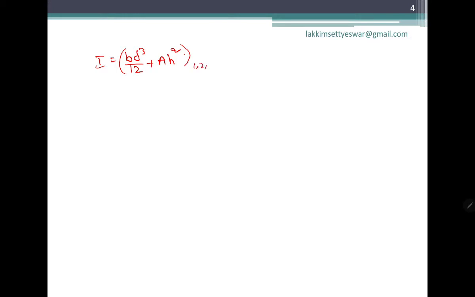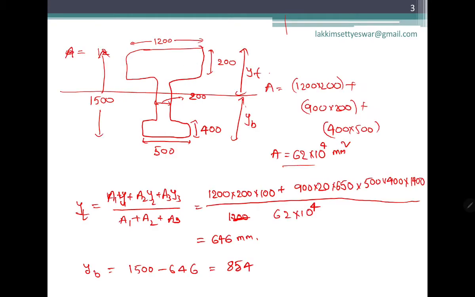So total 3 elements. First, the top flange: 1200 into 200 cube divided by 12 plus area 1200 into 200 into H square. H means the distance from the individual centroid to the centroidal axis.